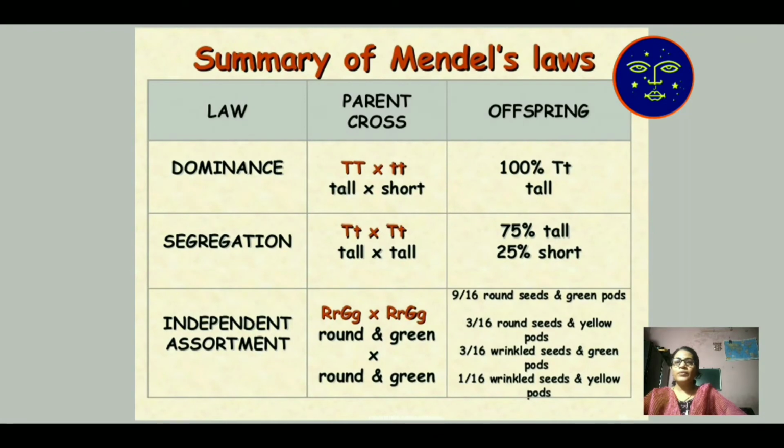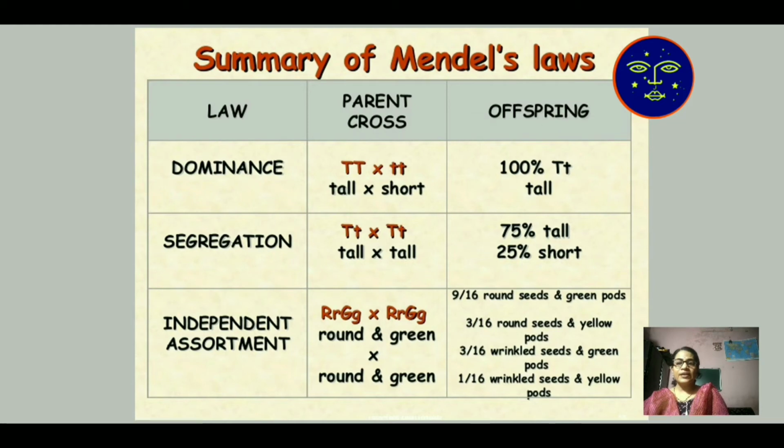The summary of Mendel's law. Mendel's two laws, dominance and segregation, come from Mendel's monohybrid cross. In the law of dominance, if we cross capital T with short plant height, small t, the result is 100% capital T small t, which gives a tall plant.